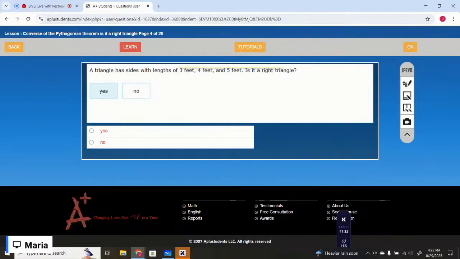A triangle has side lengths of 3 feet, 4 feet, and 5 feet. Is it a right triangle?